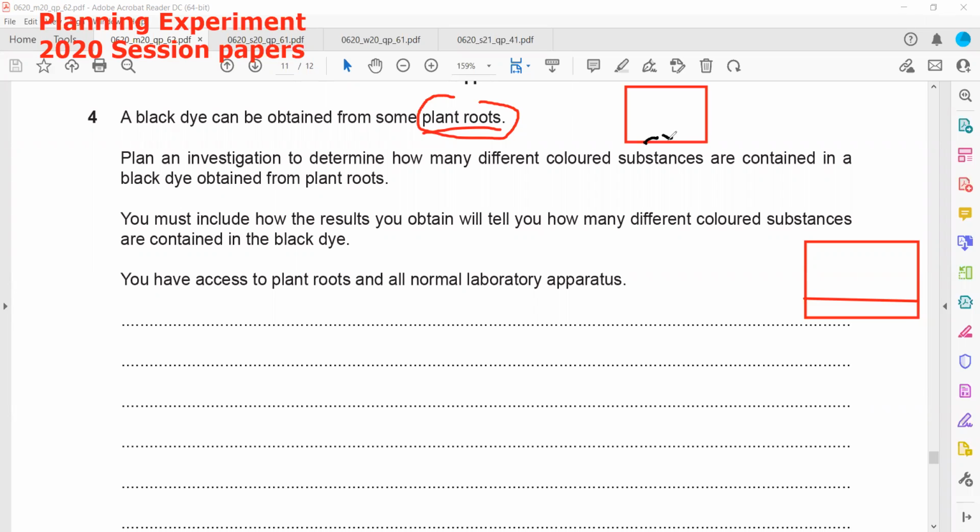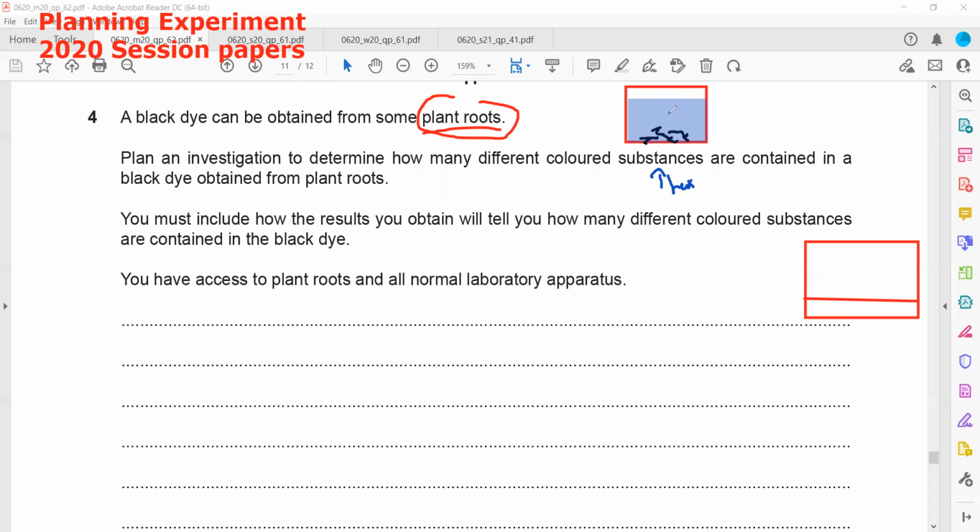For example, these are the plant roots. After crushing, we will add water and supply heat energy to extract the color, because in a hot solvent the rate of reaction will be faster, so we can extract the color quickly.